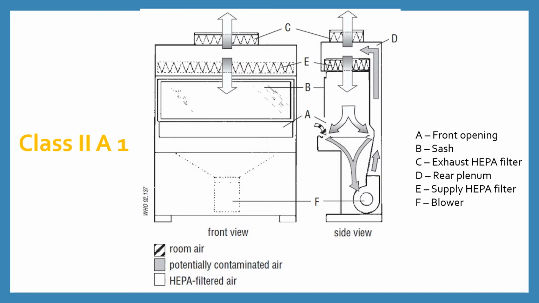The room air is drawn in through the front opening into the front grille at an air velocity of 0.38 meters per second.